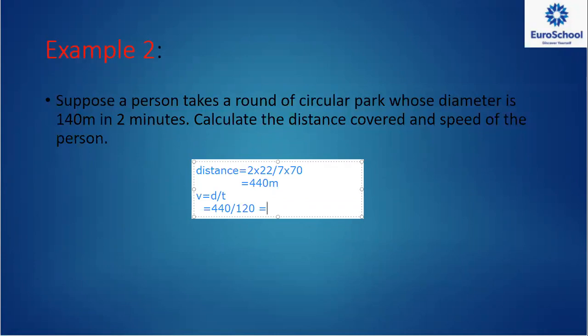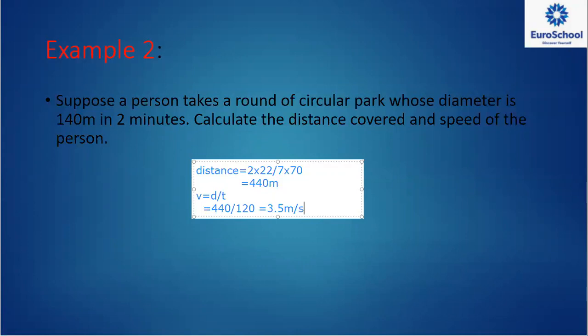What is the velocity now? Yes, 0 gets cancelled. 2 sixes are 12, 2 threes are 18. So it comes around 3.5 meters per second.